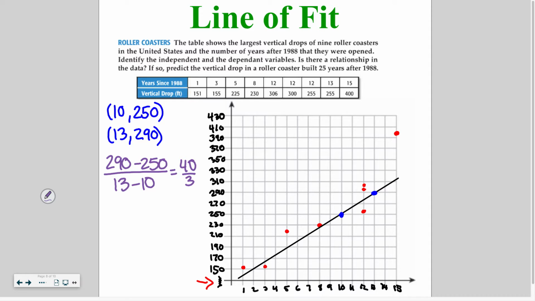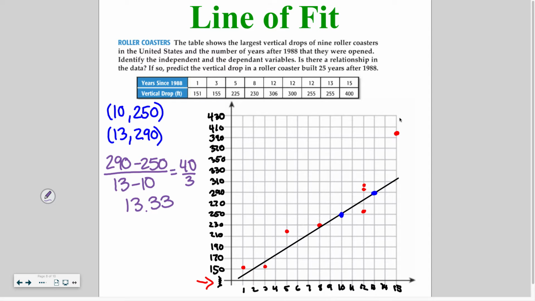For this lesson only, it is okay to turn your slope into a decimal. So when you are working with scatter plots, it is completely fine to turn your slope into a decimal. So when I convert 40 divided by 3 into a decimal, I end up with 13.33. Make sure that you are using 2 decimal places.